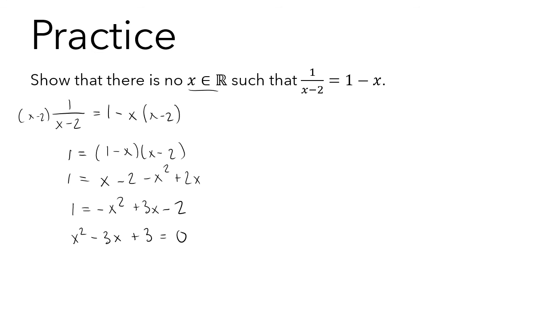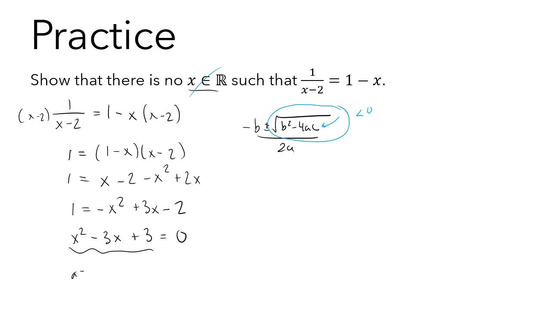So remember that this is a quadratic, and in the quadratic formula you have negative b plus or minus the square root of b squared minus 4ac, all over 2a. Now if this part, called the discriminant, happens to be less than 0, in other words there's a negative number underneath, that's actually imaginary, which is not a real number. So we just need to show that b squared minus 4ac happens to be less than 0.